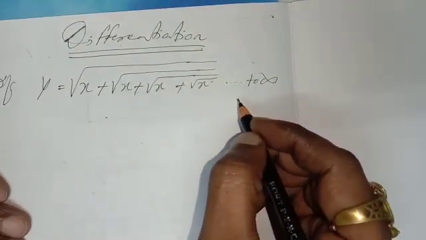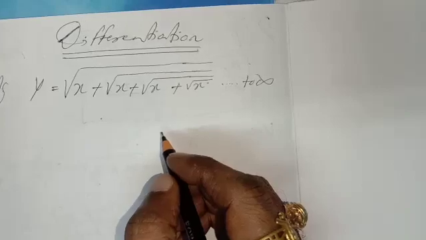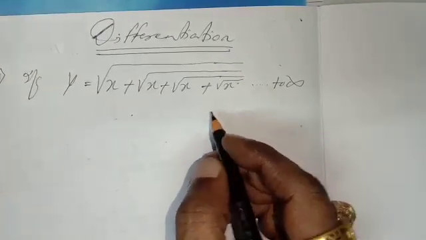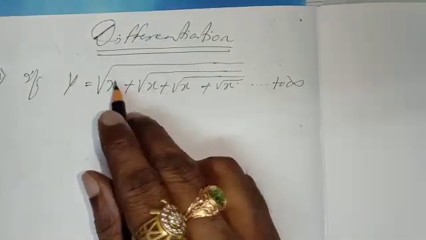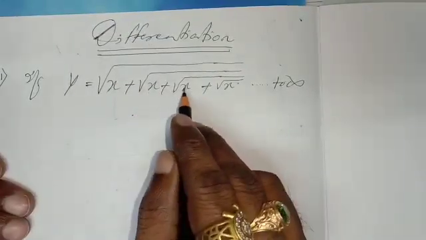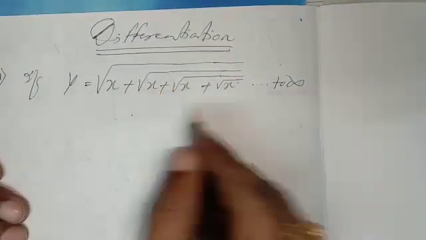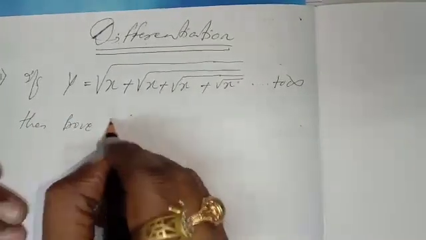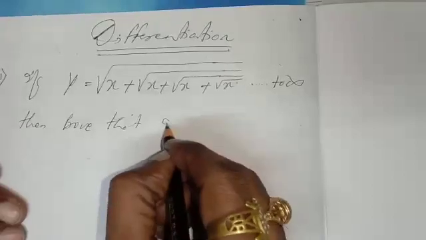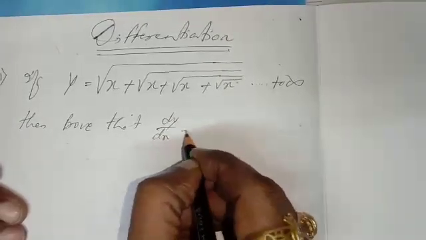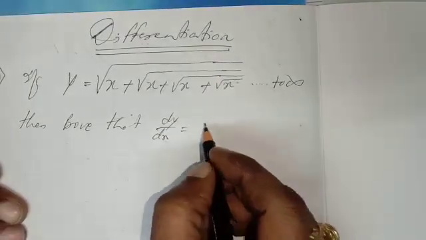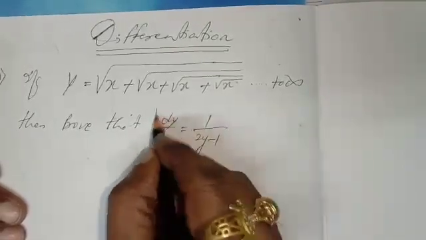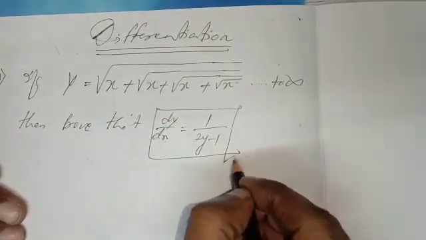Okay, this is the question given. If y is equal to root over x plus root over x plus root over, like this up to infinity, then prove that dy by dx is equal to 1 by 2y minus 1. This is the question, you have to prove it.